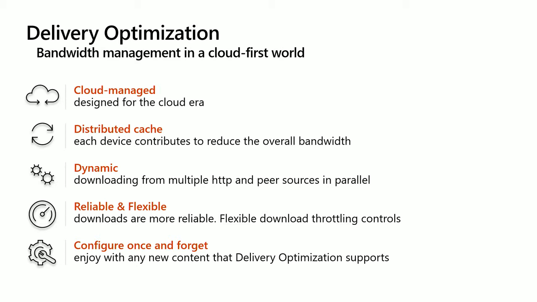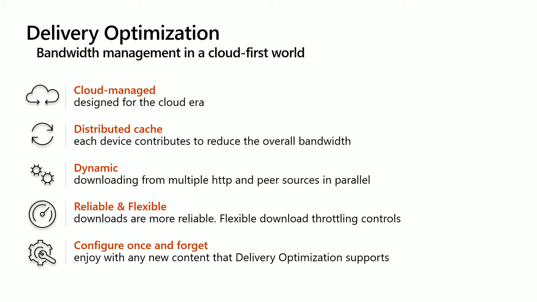Delivery optimization is a platform. It has a client component that's built into Windows and a set of cloud services. The purpose of this platform is to help your devices find, in real time, anytime a device tries to do a download, leverage those cloud services to see which other devices are currently on the network.